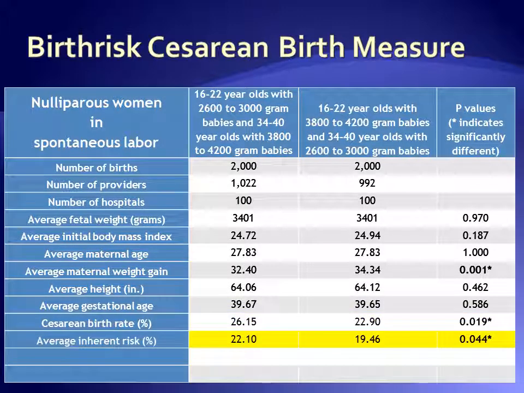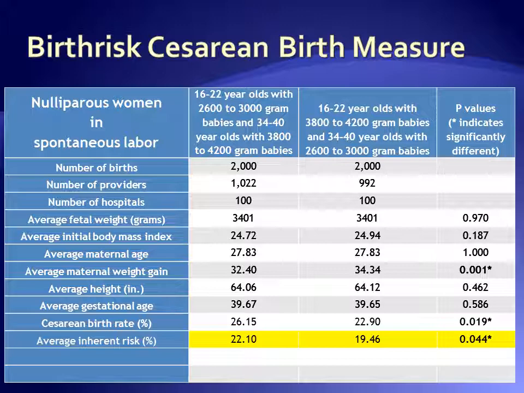As you can see here, my software was able to determine that these two groups had different inherent risk. So when you read a study about whether or not a labor management strategy increases or decreases the risk of cesarean birth, ask yourself if the two groups being studied had the same inherent risk for cesarean birth. And remember that having similar average values does not necessarily mean that the two groups had the same inherent risk.